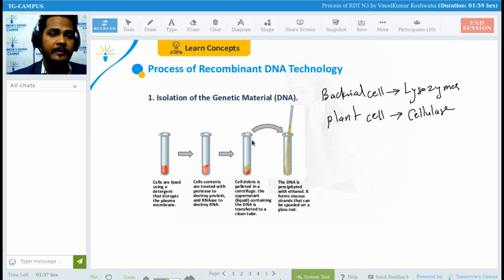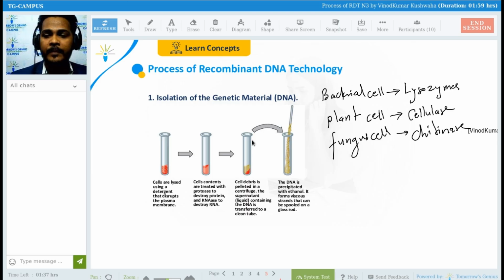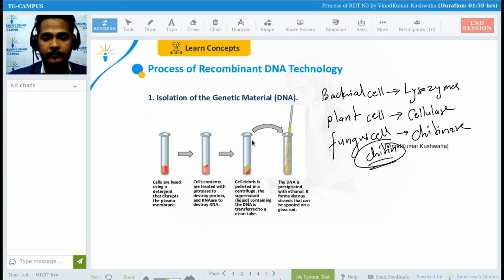Similarly, if there is a fungal cell, then what will you use? Chitinase, because it is made up of chitin. The fungal cell wall is made up of chitin.